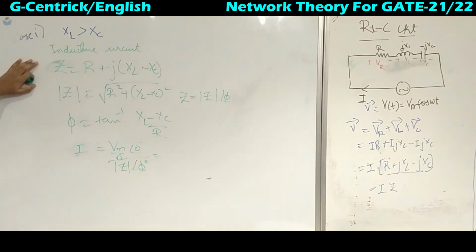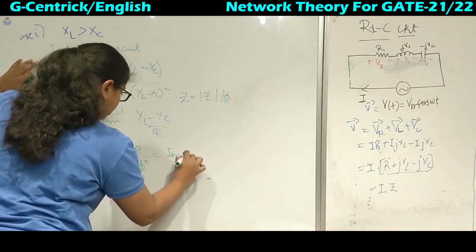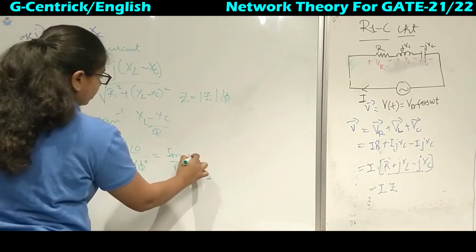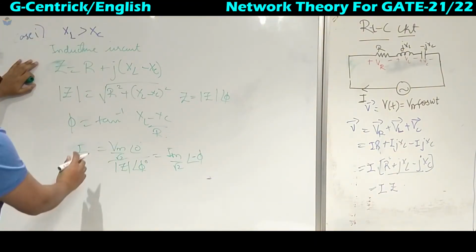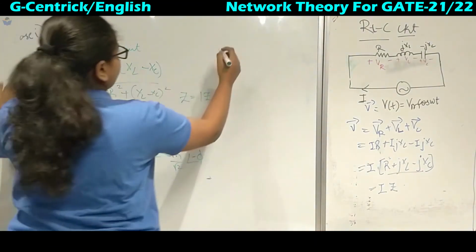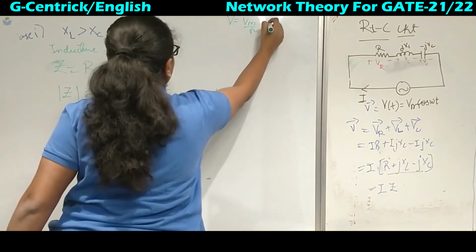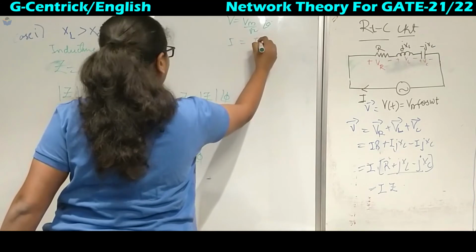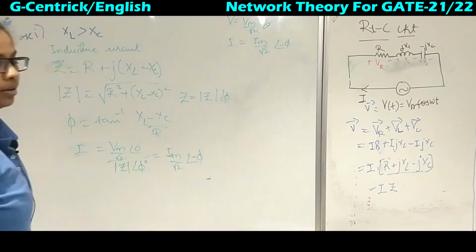So Vm by Z is nothing but Im by root 2, and this phi goes up as minus phi. So this is the value of phi. I will write it here separately: V is Vm by root 2 at 0 degree, and I is Im by root 2 at minus phi degree.